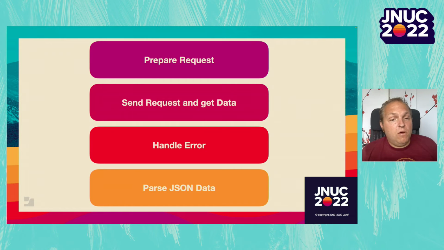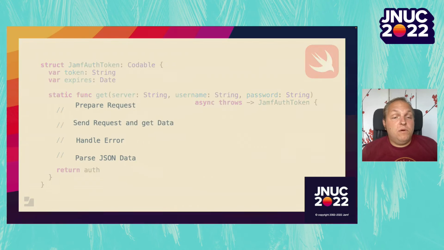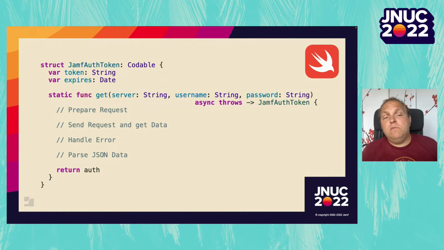And these are the same 4 blocks that we had in our shell script with curl, and we can put them in Swift. And it's a bit too much for one slide, so I'm not really showing it here, but that's how you put it together, and that's what you can see in the sample code. I can put that in a function. I put it in a static function that belongs to the Jamf auth token class, and that needs the server string URL, https something.jamfcloud.com, the API username, and the API password.